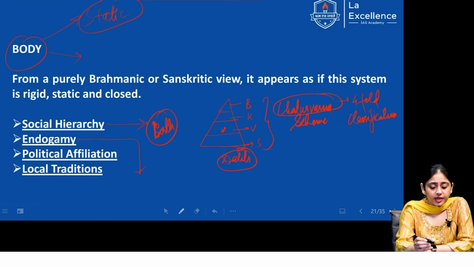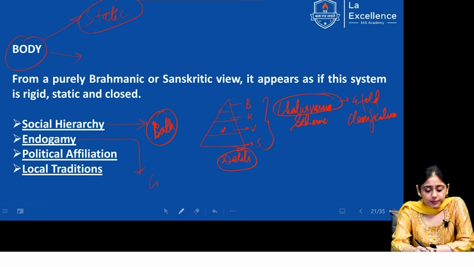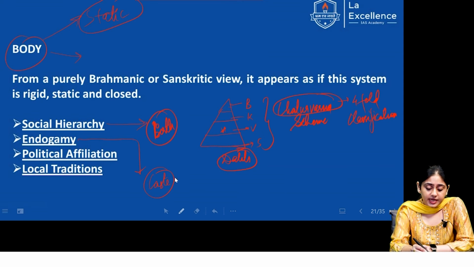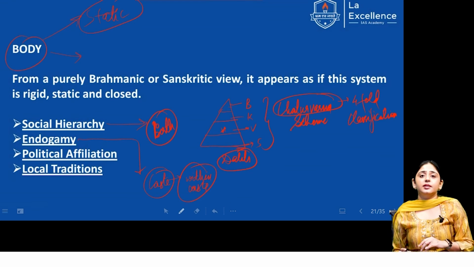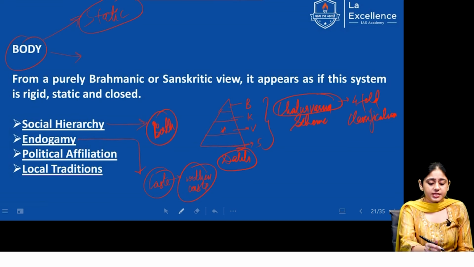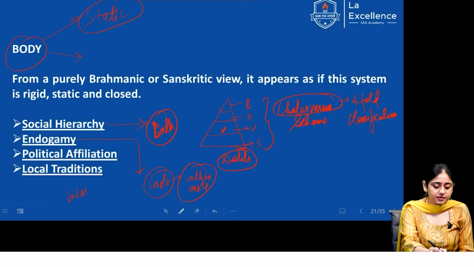Secondly is endogamy, right? Caste purity or caste identity has been maintained through so many years because there was endogamy. You marry within your caste only. You maintain the purity of your caste. That is why Dr. Ambedkar in his book Annihilation of Caste says that if we are very serious about eradicating the caste system, the first step should be intercaste marriages, right?